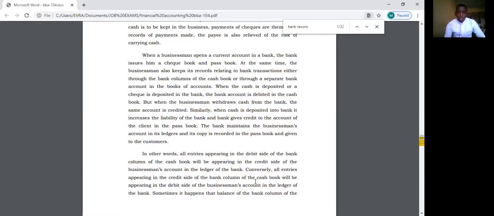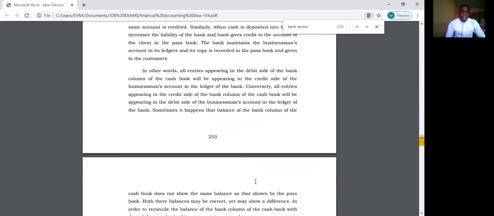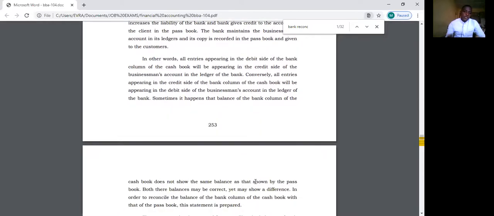Sometimes it happens that the balance of the bank column of the cash book does not show the same balance as that shown by the passbook. Both balances may be correct, yet may show a difference.